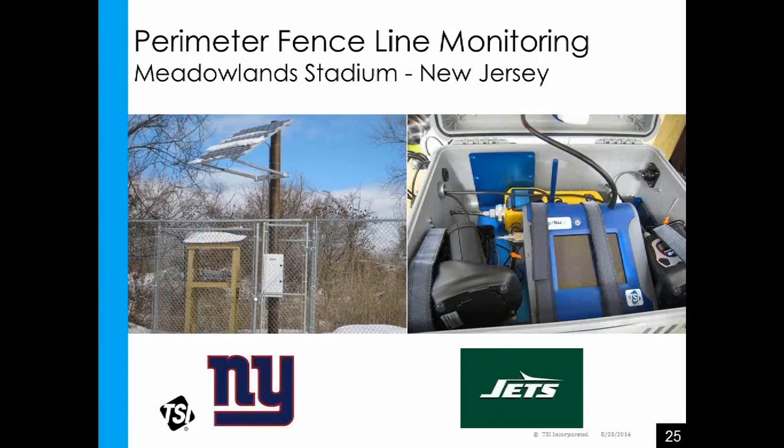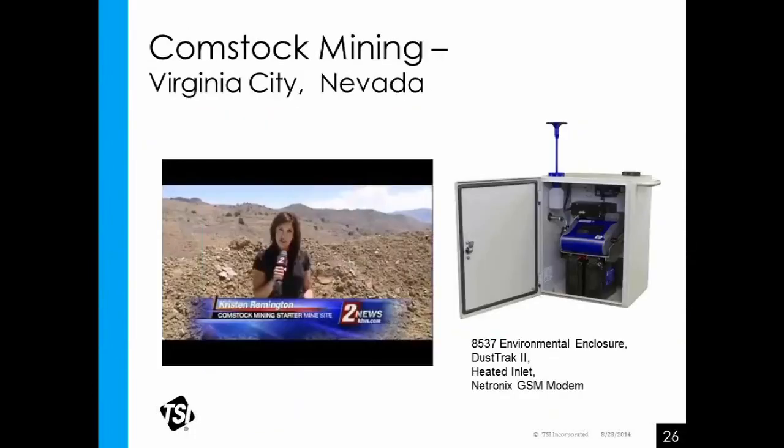They came to us. They wanted a real-time monitoring solution, and we set them up with an enclosure, the dust track, and a wireless cell phone, web-based communication system, so they can wirelessly monitor their dust levels all around their site, real-time, all the time. And alarms get sent when a set point is triggered.